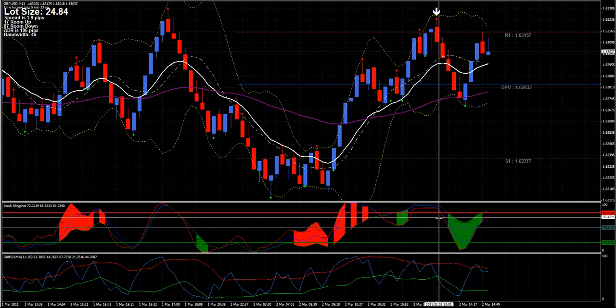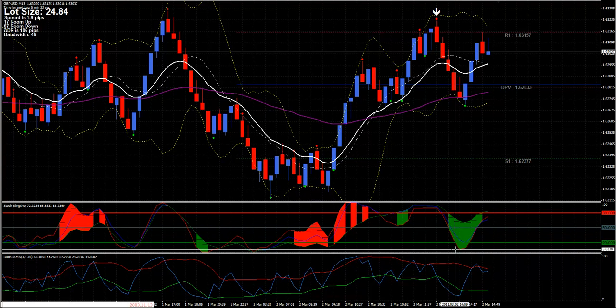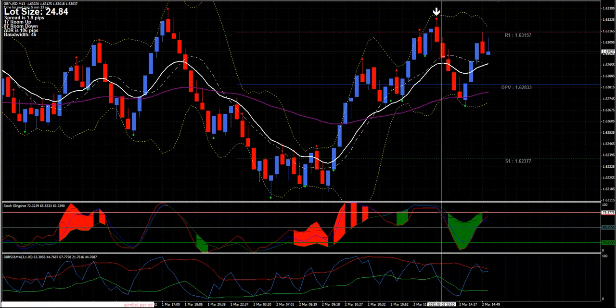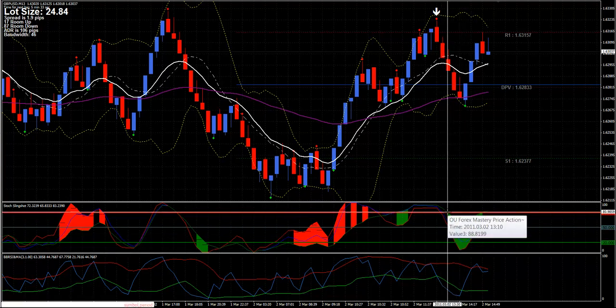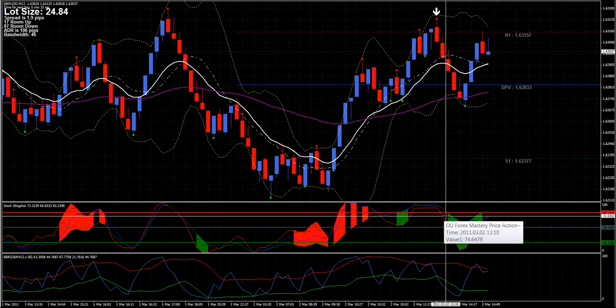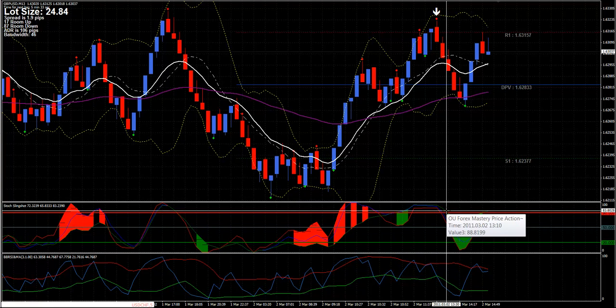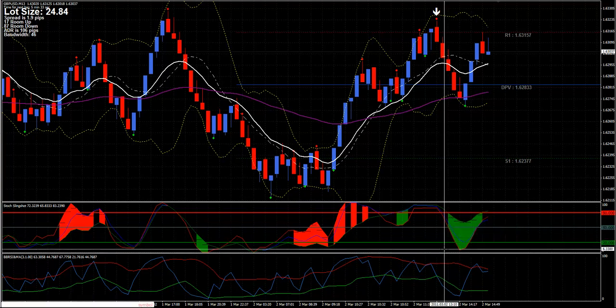We have what we call the Stokes slingshot. Basically, it's 3 stochastic oscillators of 3 varying time periods. So we have, I think, a 3, an 8, and a 13 period Stoke here. And as price moves in one direction rapidly, the Stokes deviate from each other, and this gives us a slingshot effect.